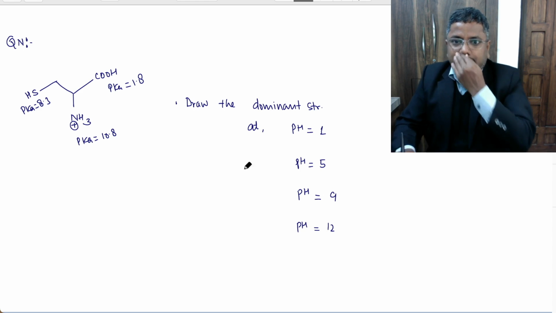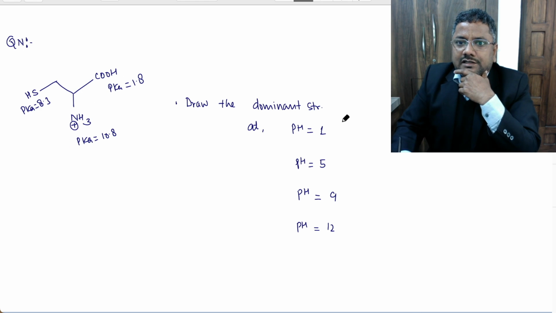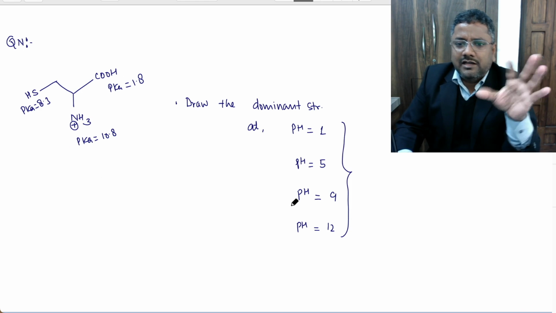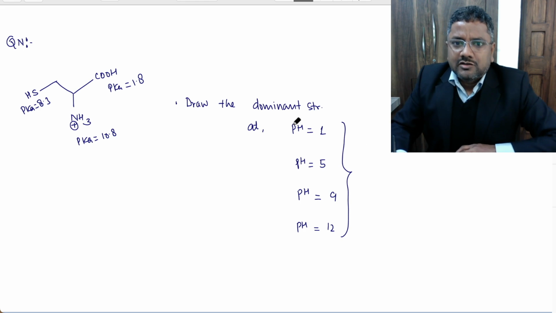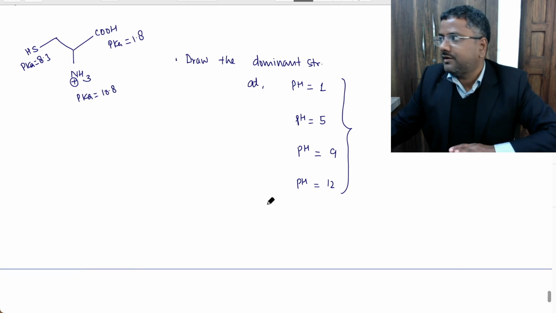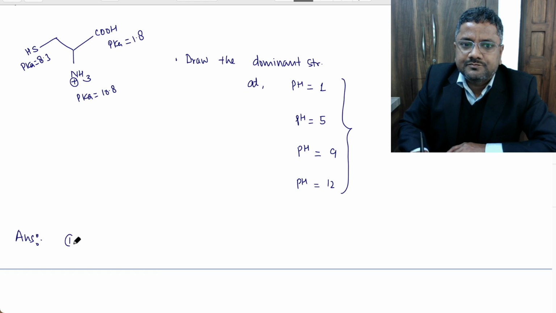So basically you have to draw the structure of this at different pH. Dominant structure means which one is more, not exactly calculating the percentage of how much is there. For such questions, first you have to calculate the pI, the isoelectric point.